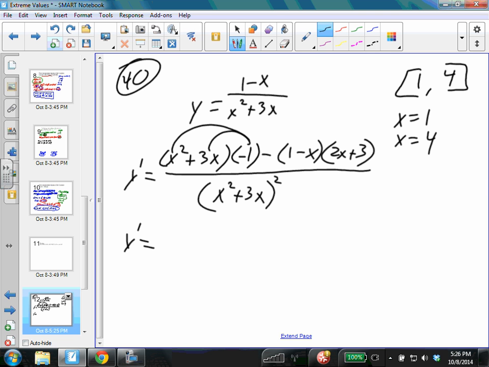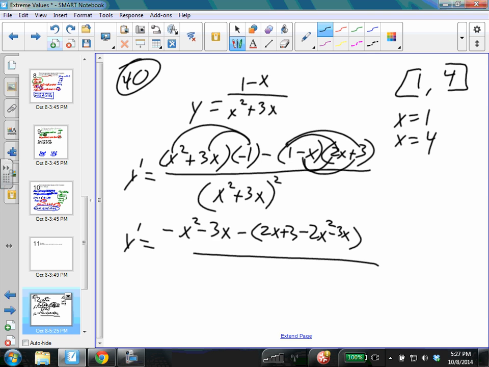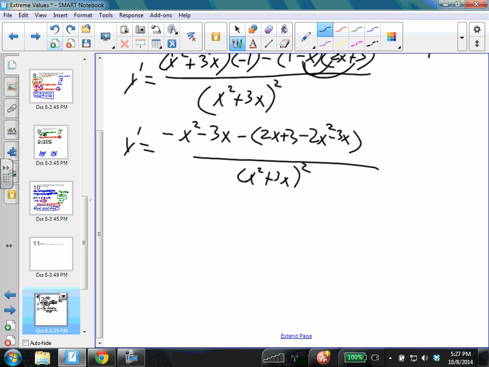So I'm going to distribute that negative 1, and it gives me negative x squared minus 3x minus, and then over here I'm going to go ahead and use my FOIL method. Okay, so it'll be 1 times 2x is 2x, 1 times 3 is 3, negative x times 2x is negative 2x squared, and then negative x times 3 is negative 3x, all over the bottom, which is squared.